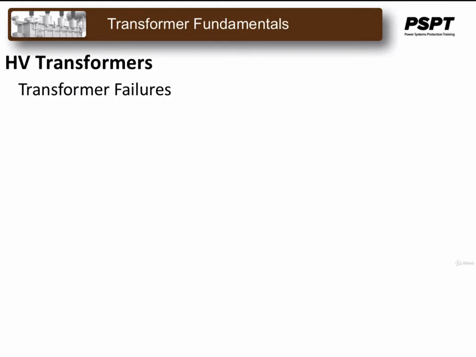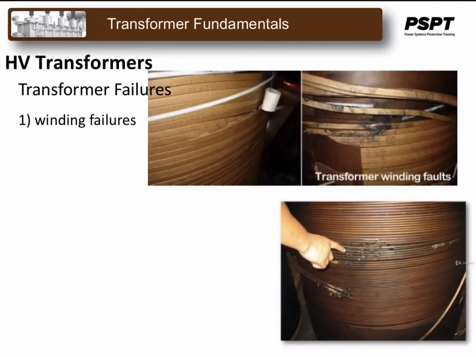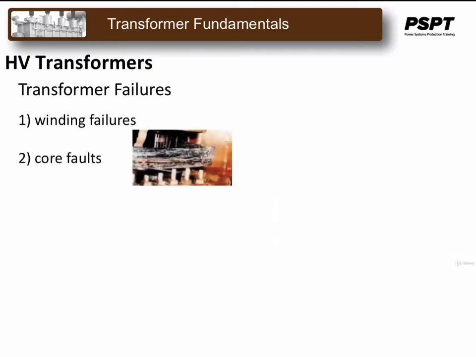Most transformer failures fall into these categories: winding failures due to short circuits, turn-to-turn faults, phase-to-phase faults, phase-to-ground faults, and open windings. Core faults, core insulation failures, and shorted laminations.